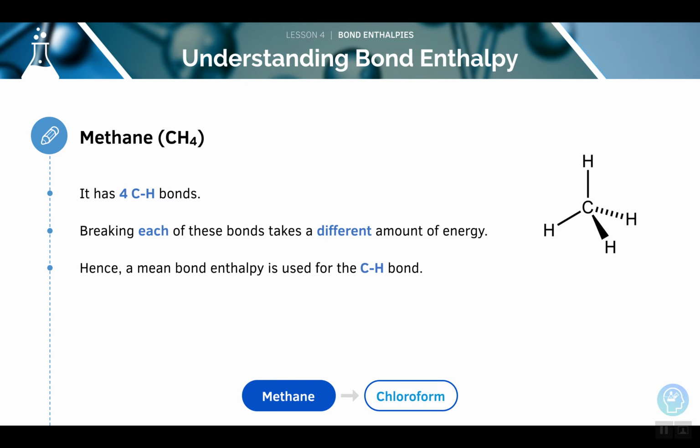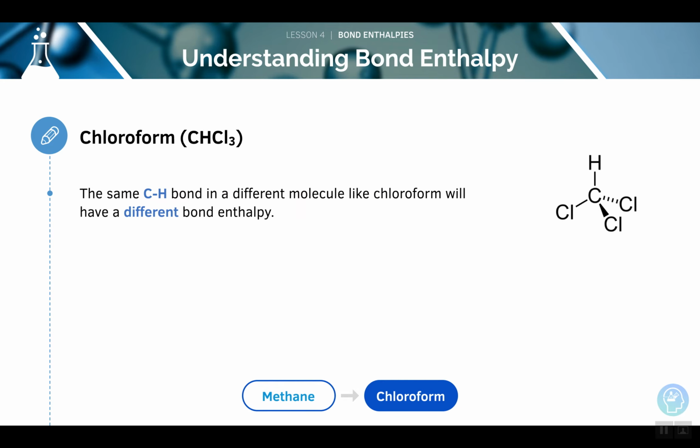This is why we use a mean bond enthalpy for the CH bond. The same CH bond in a different molecule like chloroform, shown here, will have a different bond enthalpy. This is another reason why we use mean bond enthalpies, which is a bond enthalpy averaged over a range of molecules.